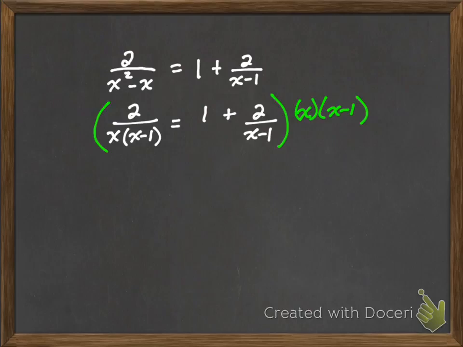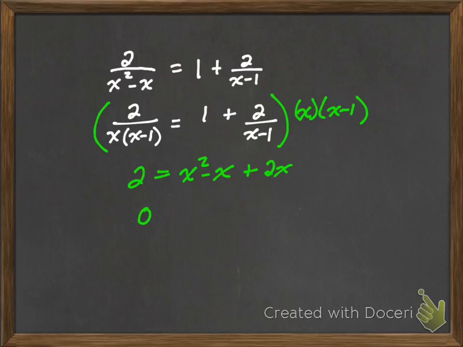Now this first fraction, everything cancels in the denominator with everything over here, leaving you with just 2. On the second one, there's no denominator, which means this 1 gets multiplied by all of this, which will give us x squared minus x. And on the next one, the x minus 1's cancel, leaving us with this x multiplied by the 2.